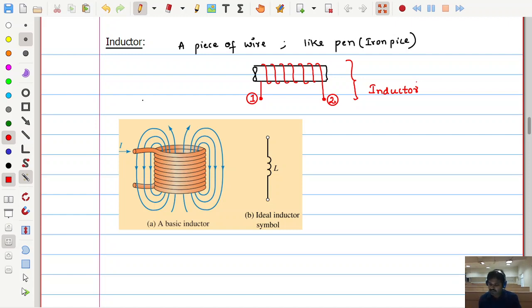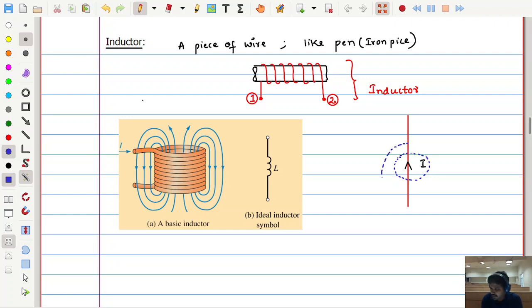Now let us see what the property of a conductor is initially. If I have a straight conductor, which I have not made into a coil yet, so assume that it is a straight conductor like this. If it is carrying a current of I amperes, what might be the general effect, which we can recap from our physics concepts: when a conductor is carrying current, it establishes flux around the conductor.